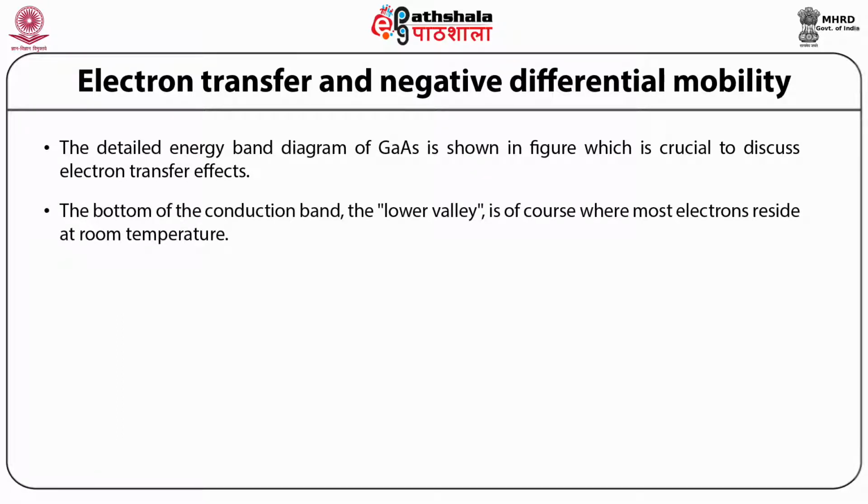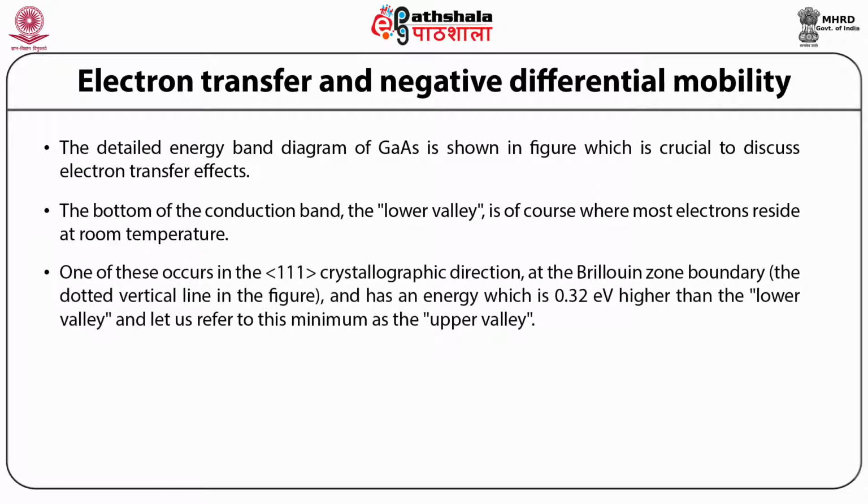The bottom of the conduction band, that is the lower valley, is of course where most electrons reside at room temperature. The conduction band has two other types of minima or valleys, however.